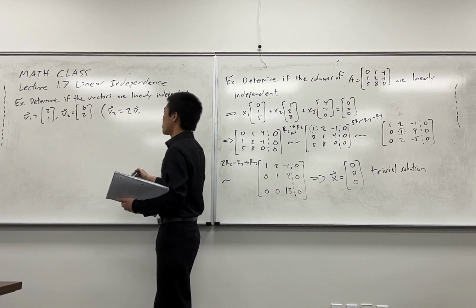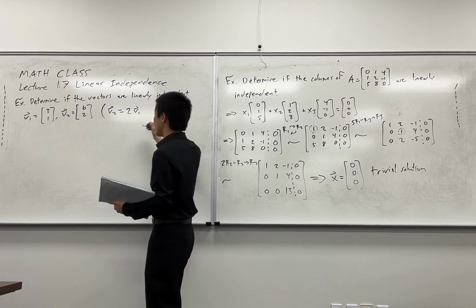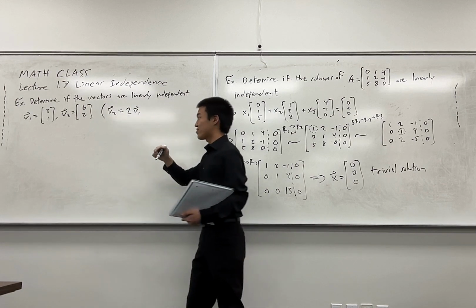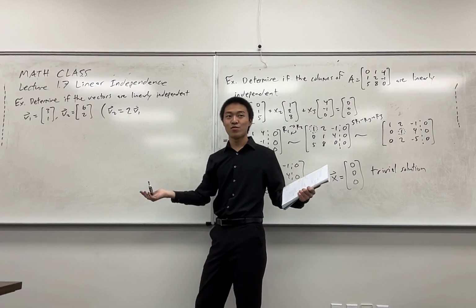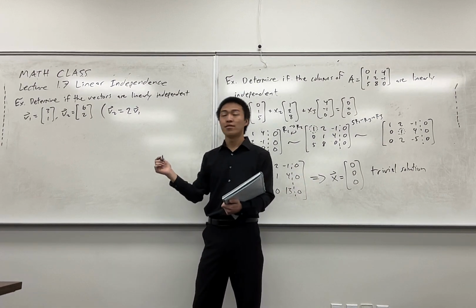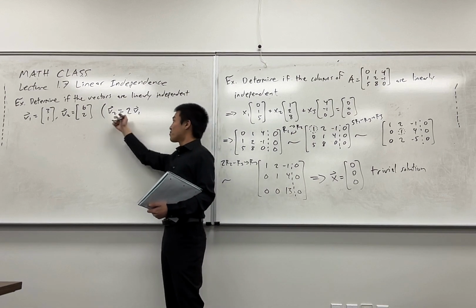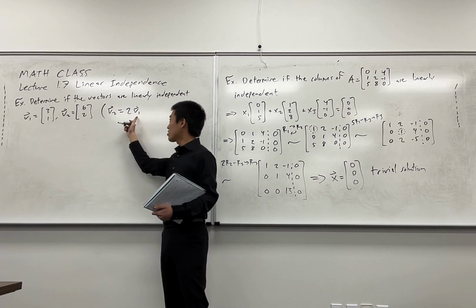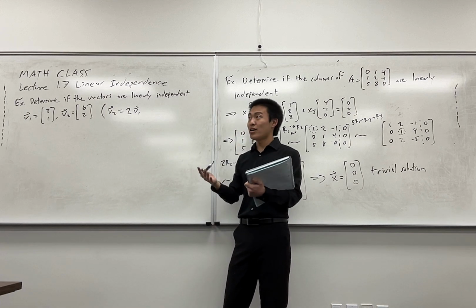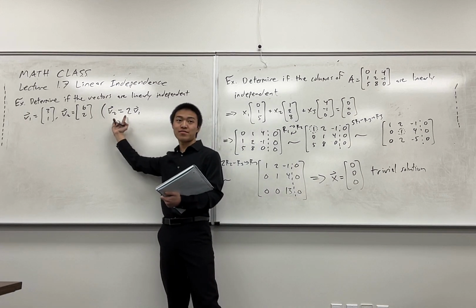And if you really wanted to go further into the definition, get everything on the same side, and now you're looking at 2V1 minus V2 is equal to the 0 vector, which is in itself, what do we call those things? Homogeneous equation. And because we know that we can choose more values of V1 and V2 that are not necessarily trivial, that's in itself a dependence relation.